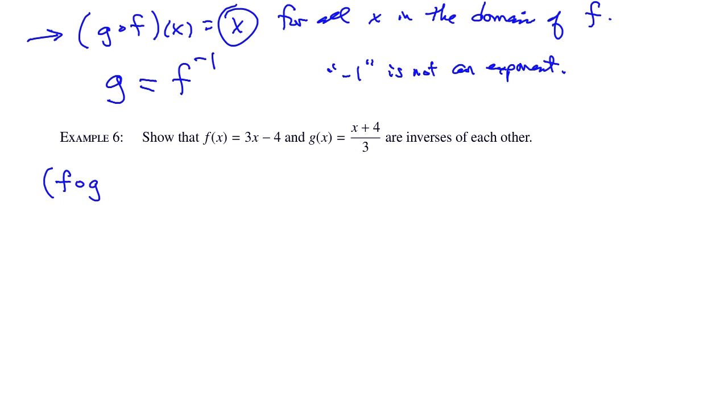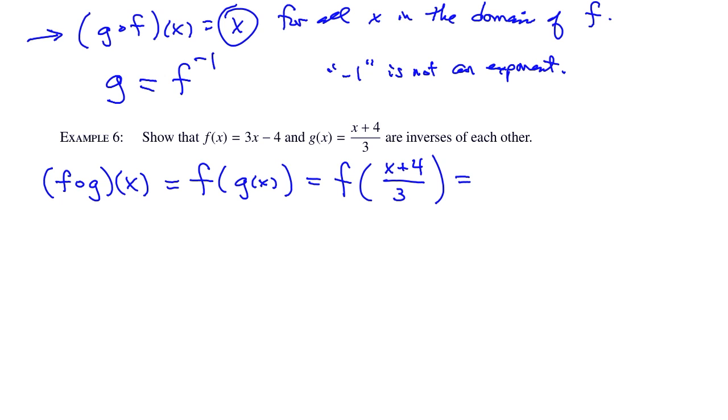So the first one is f composed with g of x. This would be f of g of x. I'll take the g of x, which is x plus 4 over 3, and put that into the f function.